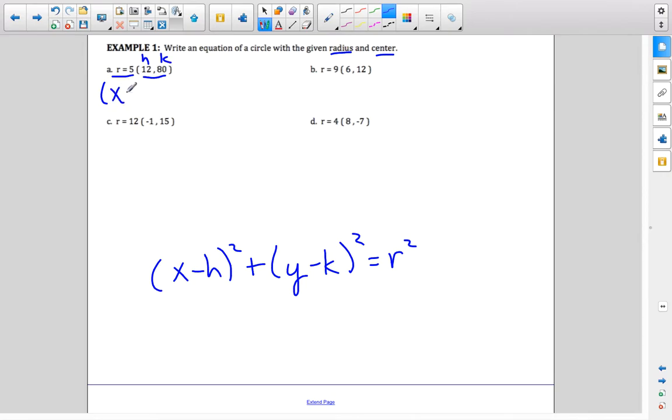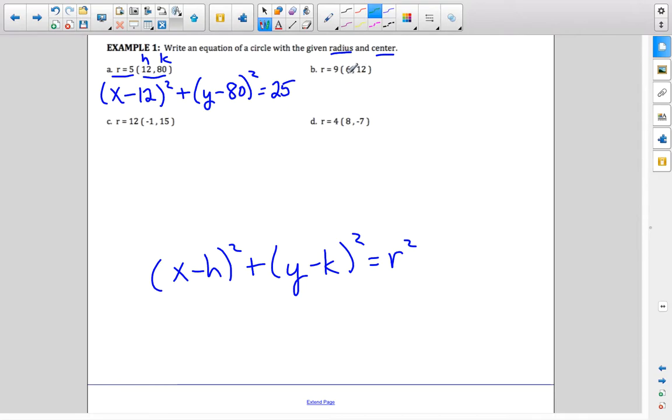So I have (x minus 12) squared plus (y minus 80) squared equals, and my radius is 5, so 5 times 5 is 25. So if I look at this equation, I know it's a circle. I can tell by the format, and I can tell my center is at (12, 80), which is way up there in quadrant 1, and my circle has a radius of 5.